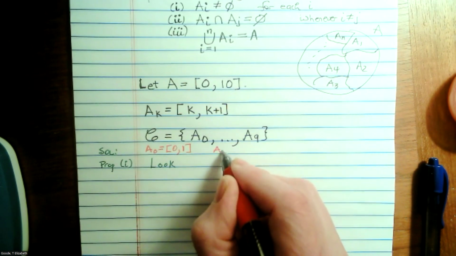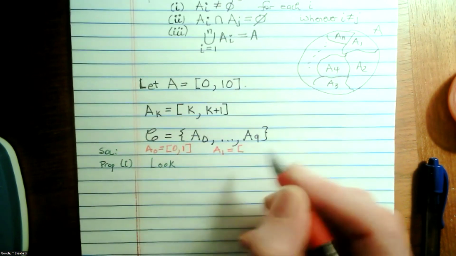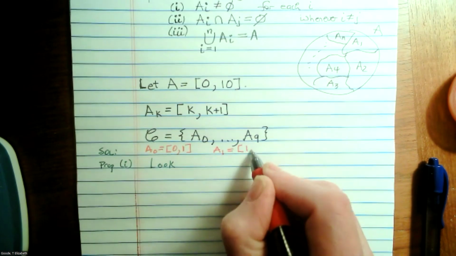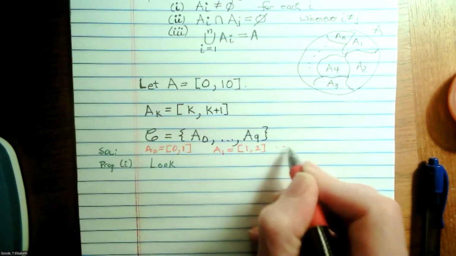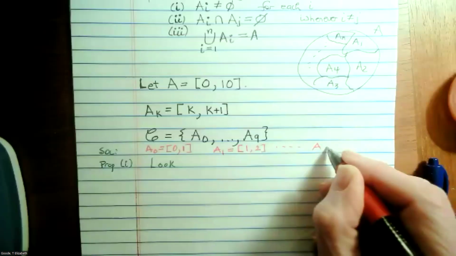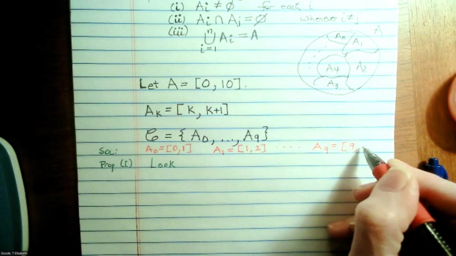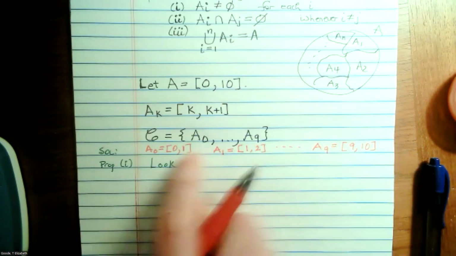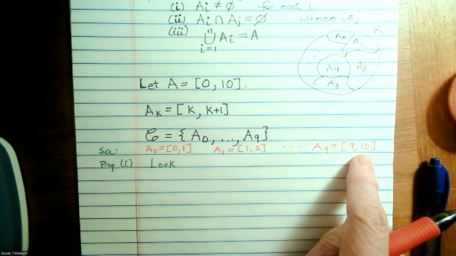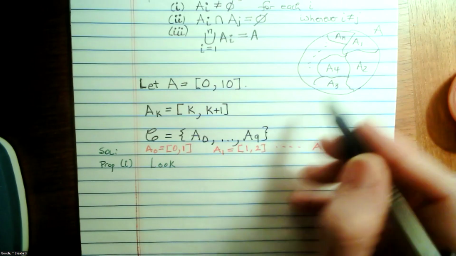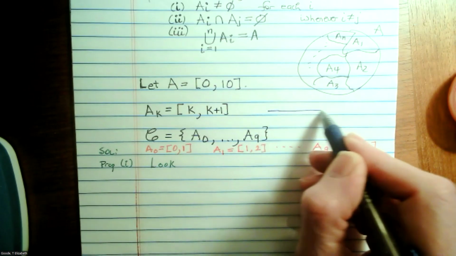And A1 would be what? The closed interval from 1 to 2. Great. All the way up to A sub 9, what is it? 9 to 10. Great. So can you see these in your mind? Yes. Like you could draw a picture of the number line.